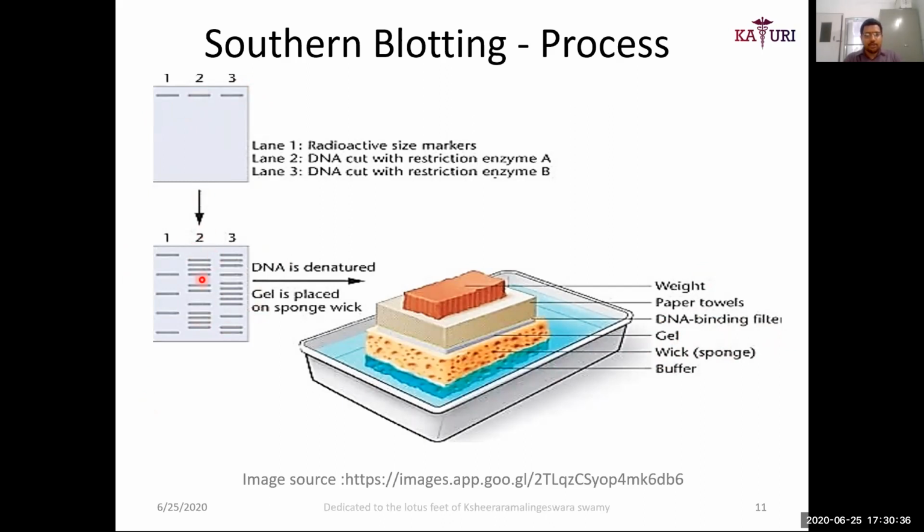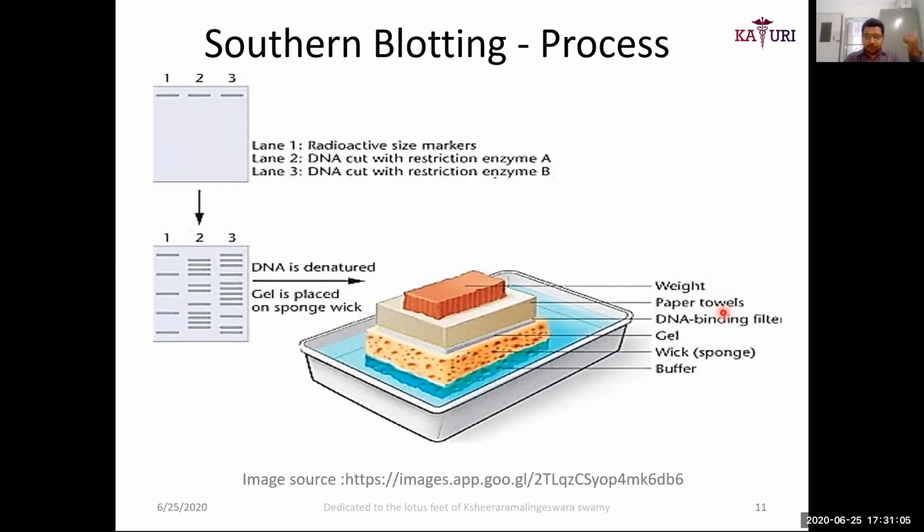This gel you are putting in a submerged setup where you put the sponge below, and on that you put the gel. On that you put the DNA binding filter or the nitrocellulose paper, whatever it is. On that you put a number of paper towels and a weight. So the buffer will move along this gradient to the top, but the DNA binding filter paper, the nitrocellulose paper in the middle, will not allow the DNA to go through.